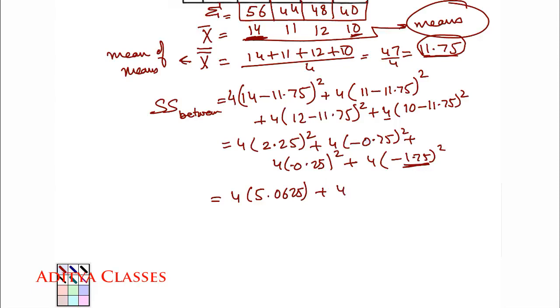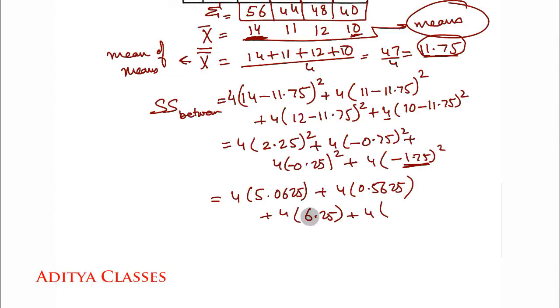Then 4 multiplied by the square of 0.75 would give me 0.5625, plus 4 multiplied by the square of minus 0.25 would give me, sorry, this will not be 0.625, rather it will be 0.0625, and this last one would become 4 multiplied by 3.0625.